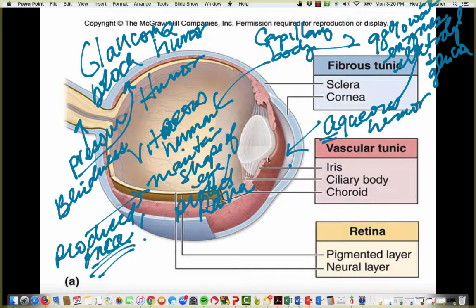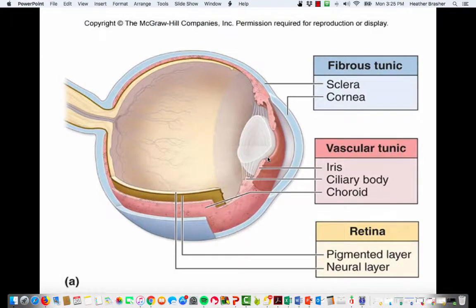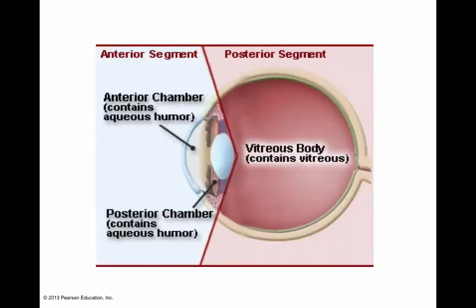So let's go look a little bit at the next so that we can see some of this, and then we'll get on to talking about essentially the retina, the innermost layer. This kind of shows you how you can differentiate the anterior segment from the posterior.